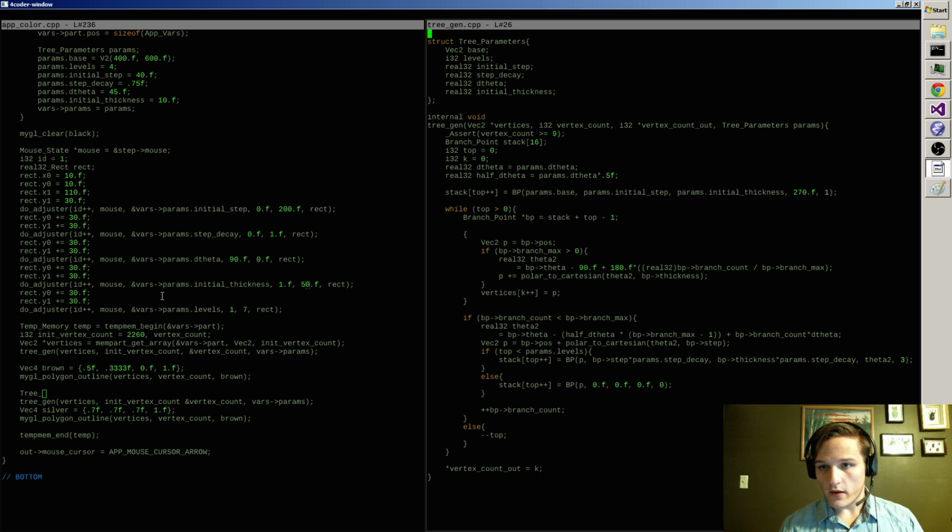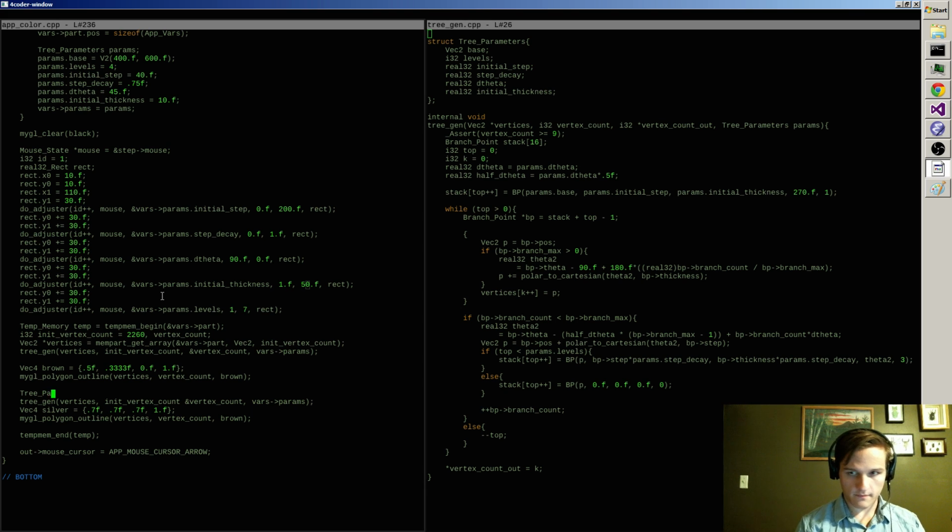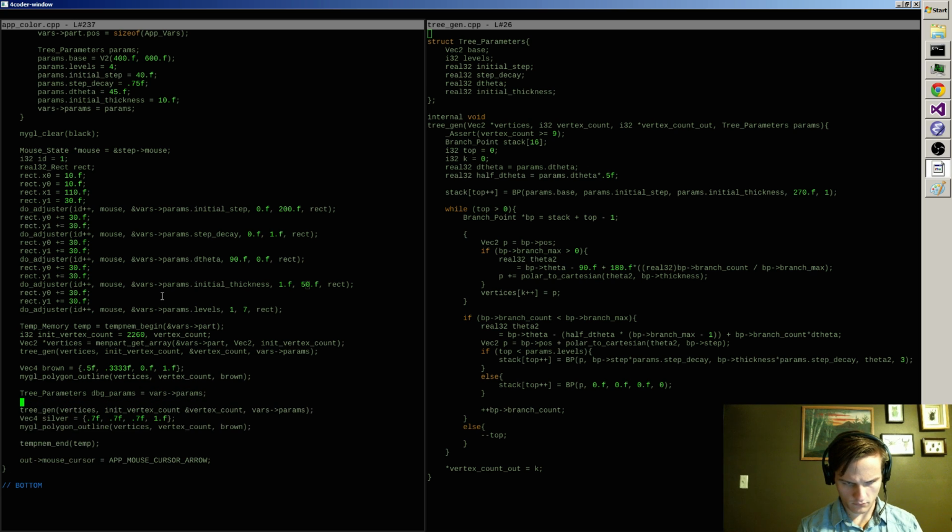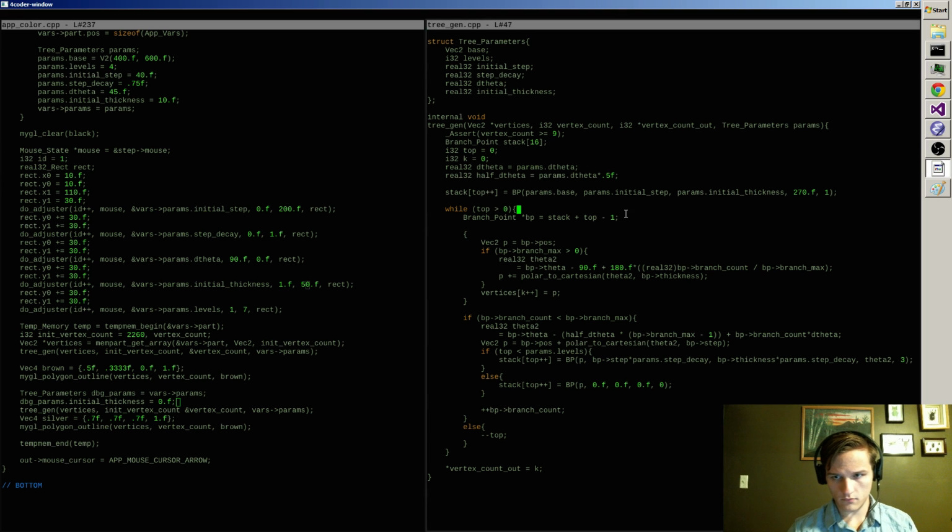Okay, so it is called tree parameters. Okay, so that should create a second tree that has all the same parameters except for the fact that it's got a 0 thickness.